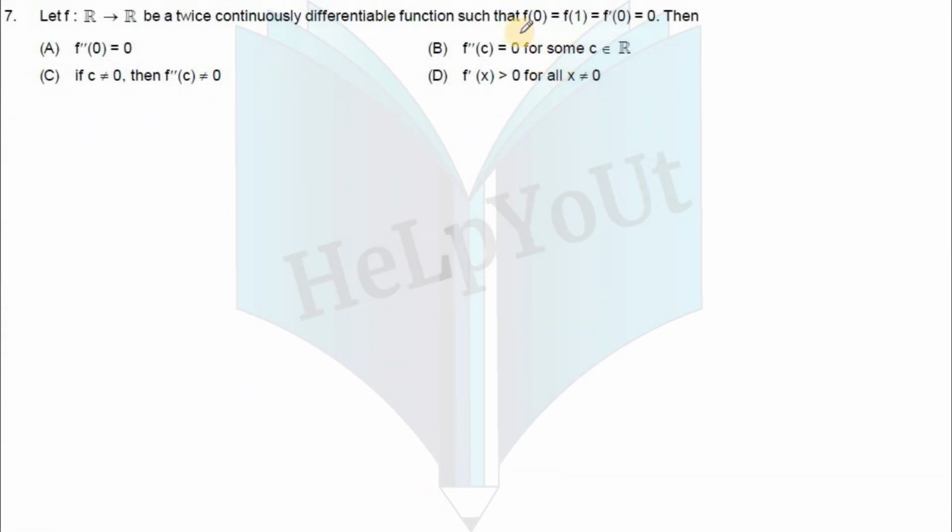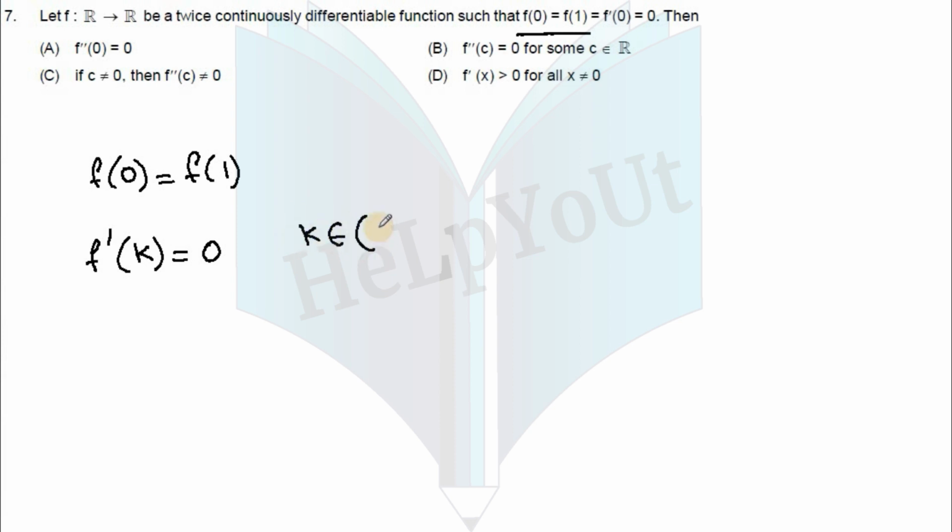In this question given f(0) equals f(1) and f is differentiable. In fact, it is twice differentiable. So we get f(0) equals f(1) and f is differentiable, means it follows Rolle's theorem, and using Rolle's theorem we get f dash k equals 0 for some k belongs to interval 0 to 1.